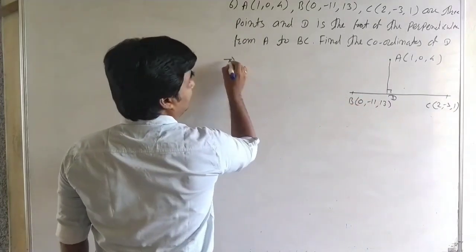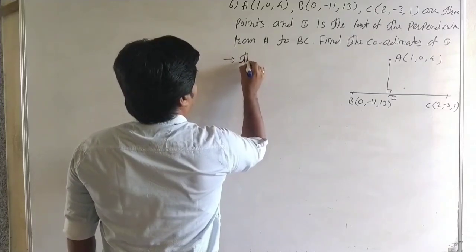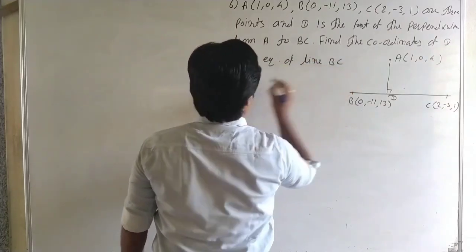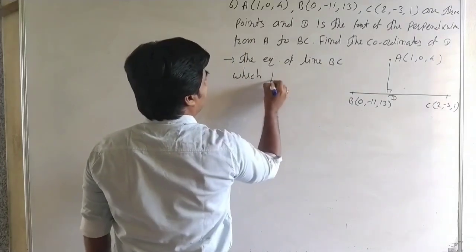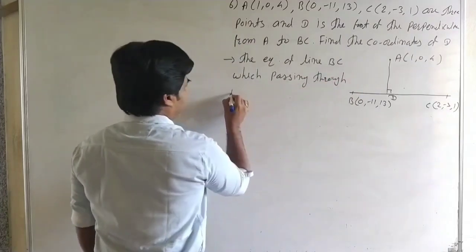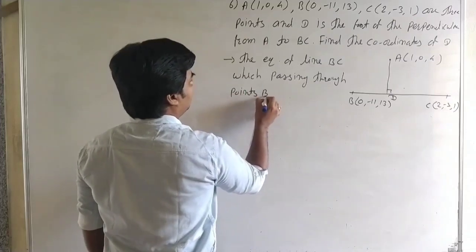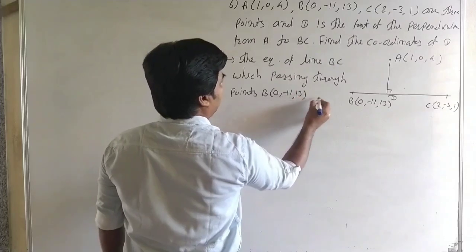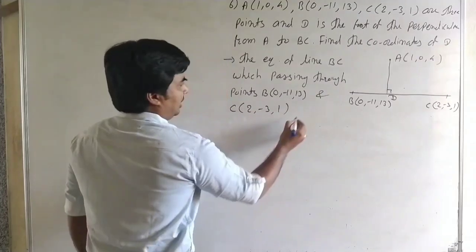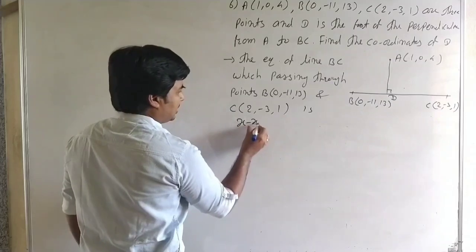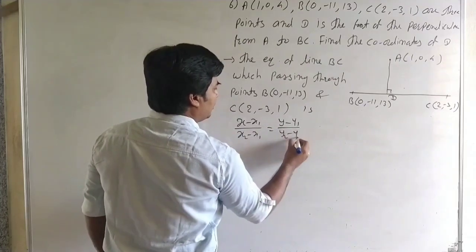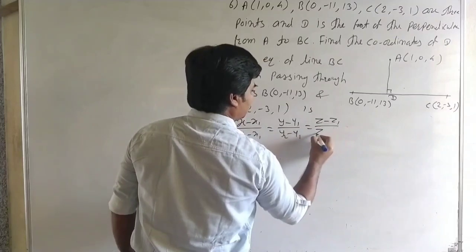Here first we find the equation of BC, the line passing through points B(0, -11, 13) and C(2, -3, 1). The equation of line is (x minus x1) upon (x2 minus x1) equal to (y minus y1) upon (y2 minus y1) equal to (z minus z1) upon (z2 minus z1).